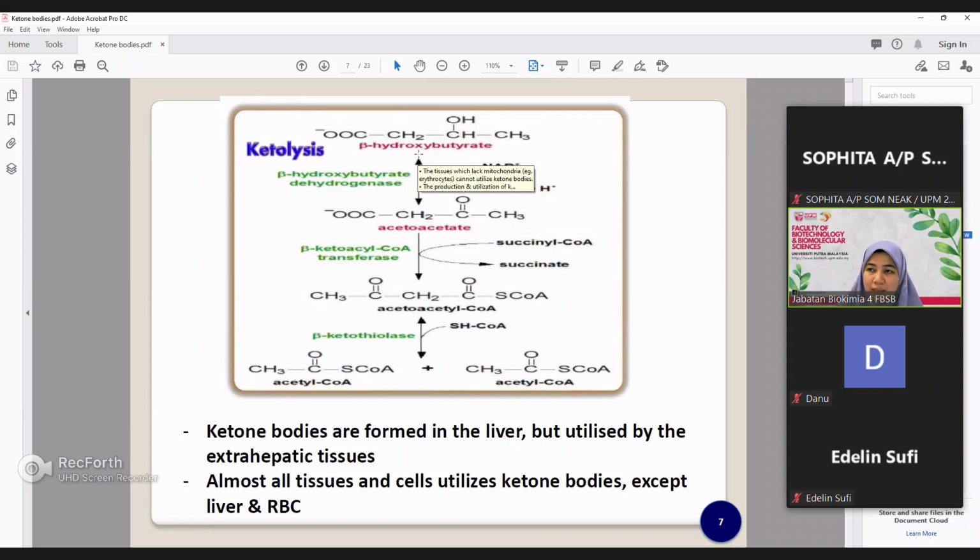In order for the cells to be able to utilize the ketone bodies as energy, they need to be broken down into acetyl-CoA, so that acetyl-CoA can enter the TCA cycle and ETC to produce ATP and energy.